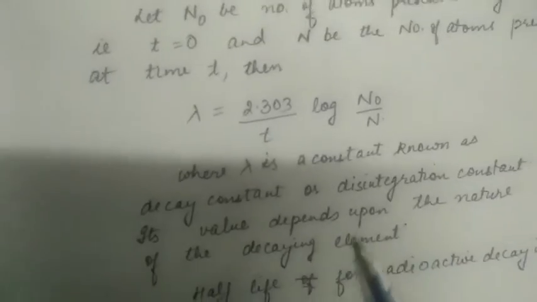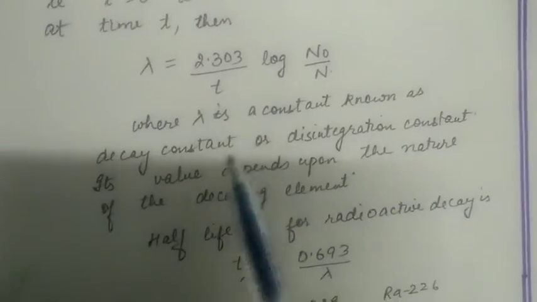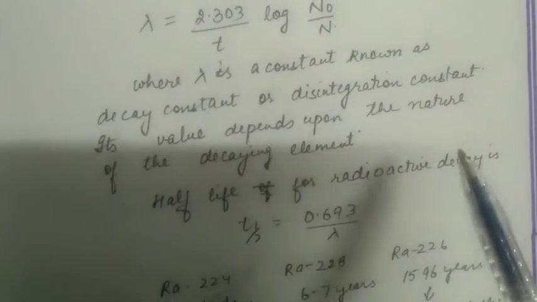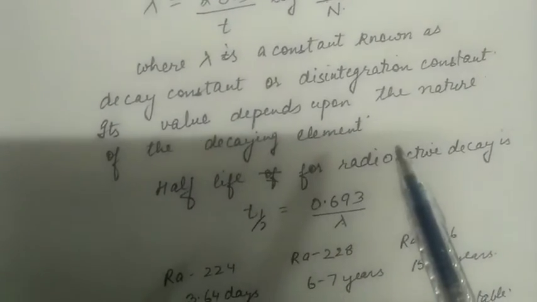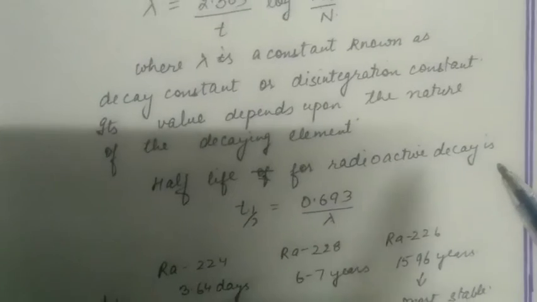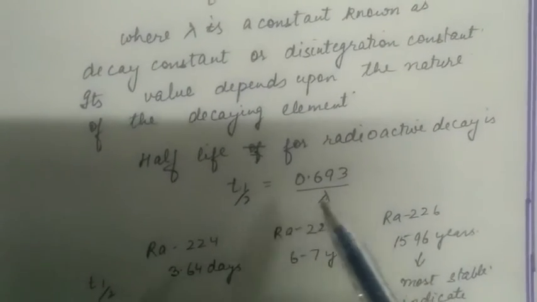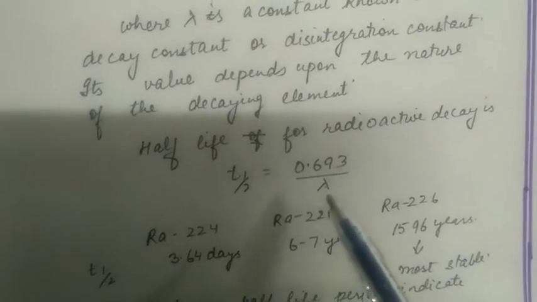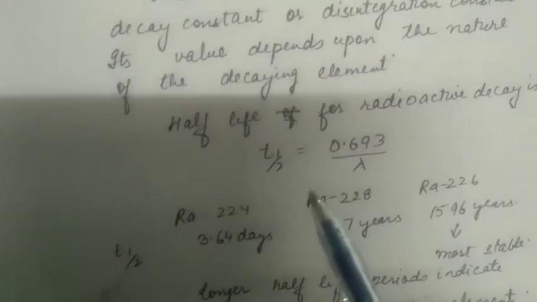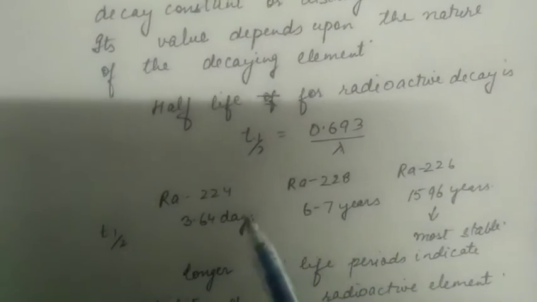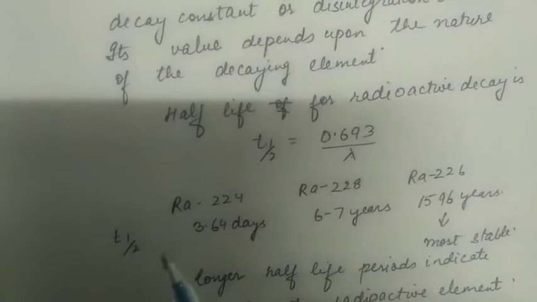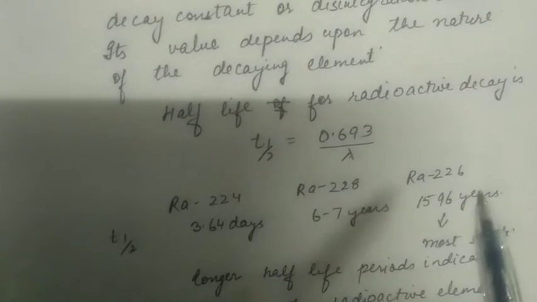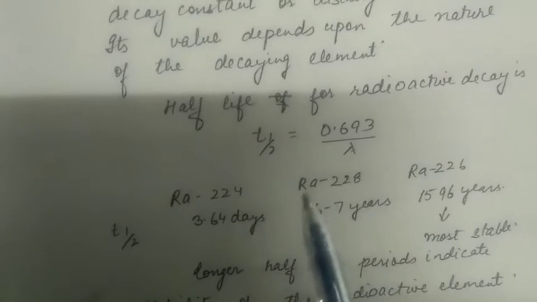Here lambda is a constant known as the decay constant, and its value depends upon the nature of the decaying element. And the half-life for radioactive decay will be the same as earlier: T half is equal to 0.693 upon lambda. What you have to see is that the value of T half will show how stable a radioactive sample is.